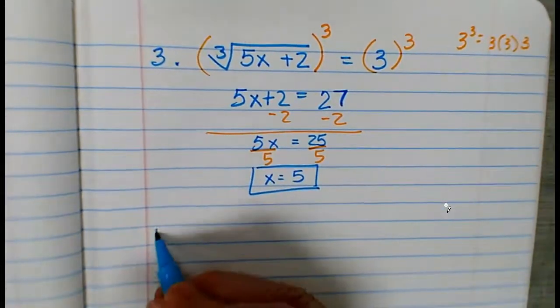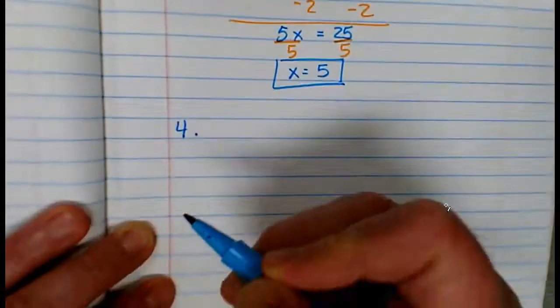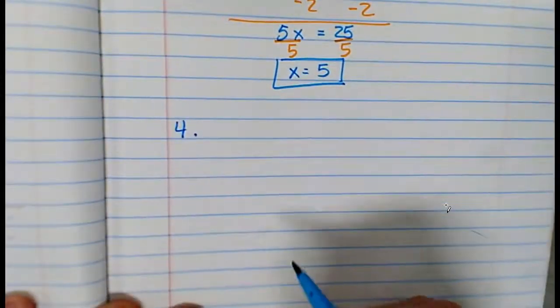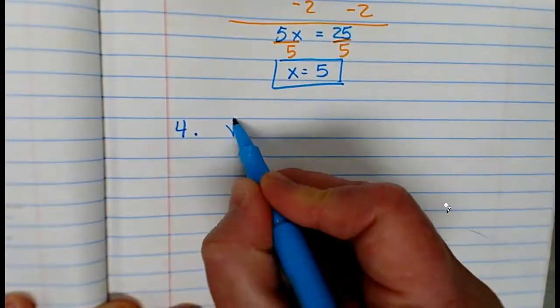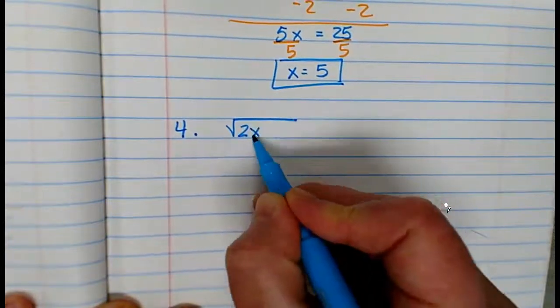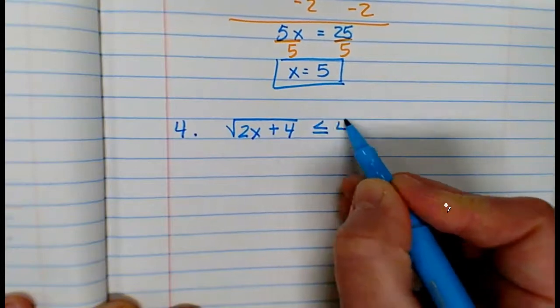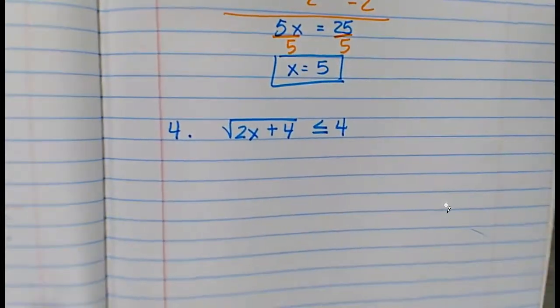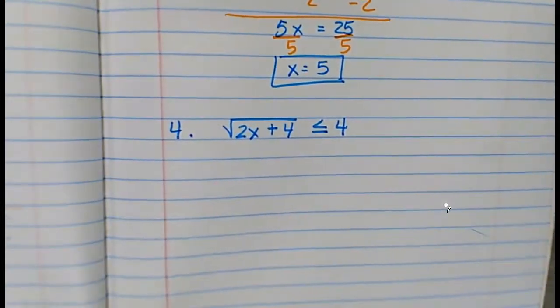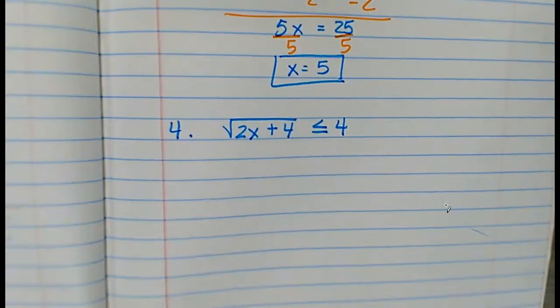Our next kind of equation adds one more level. 2x plus 4 less than or equal to 4. What if instead of an equal sign, it's an inequality sign? What do you do?